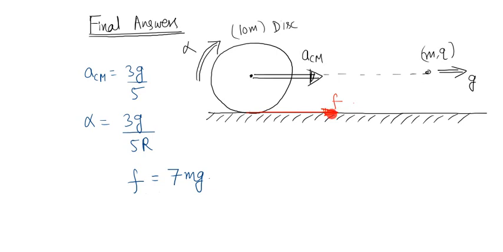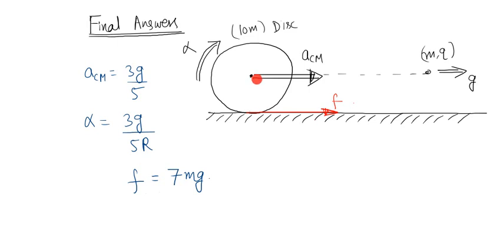As we can note here, the final direction of the force of friction is the same as the originally assumed direction, but the directions of ACM and alpha are opposite to the direction which I assumed initially. So the answer is counterintuitive in the sense that the directions of ACM and alpha are actually opposite to the direction which I chose initially.